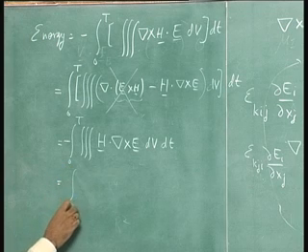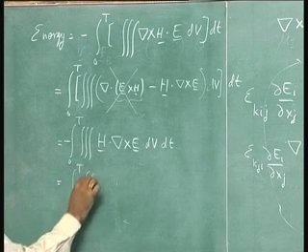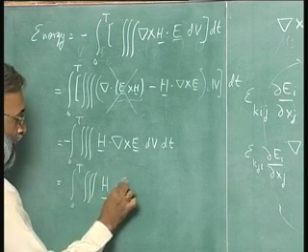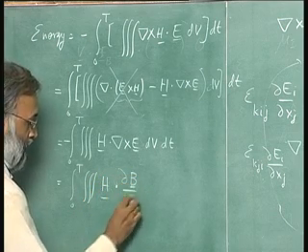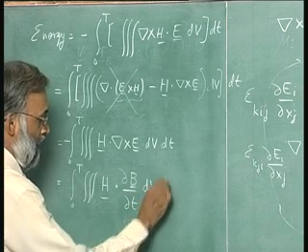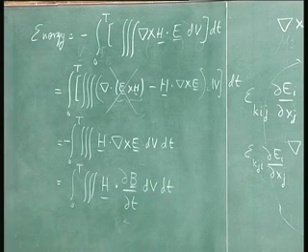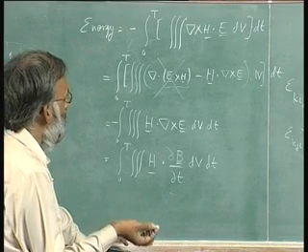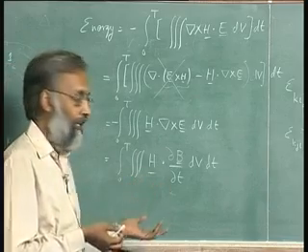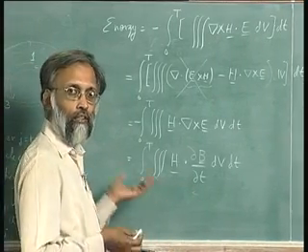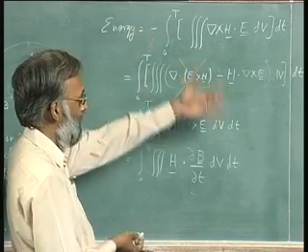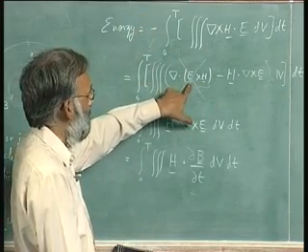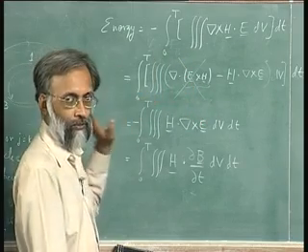So, it is equal to integral 0 to capital T volume integral over all space h dot del B del t dV dt. We have not made any approximations here. I have not assumed that B is equal to mu h, I have not assumed that D is equal to epsilon E, none of those assumptions have been made up to this point. All I have assumed is that I have localized currents and localized charges, so that I can throw this out.